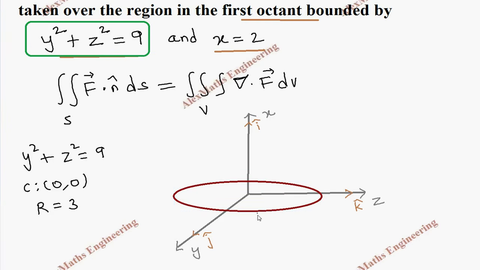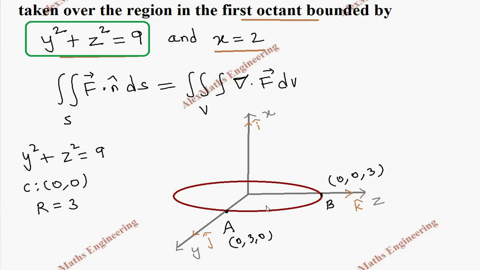And if I take this point as A and this as B, so this point is on the y-axis. So 0, 3, 0, the radius is 3 and this is on z-axis. So 0, 0, 3 and we have x is equal to 2. It means this bottom surface equation is x is equal to 0.